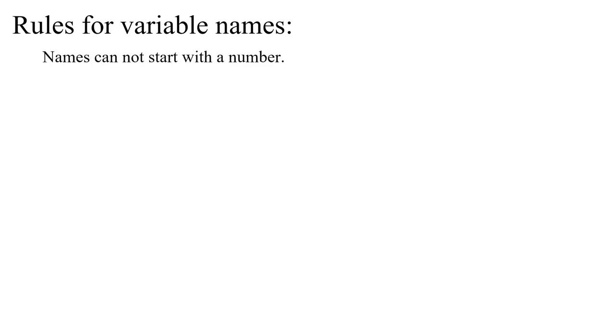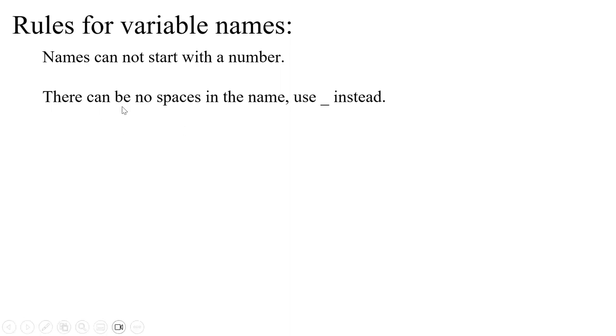What are those rules? Names cannot start with a number. The variable name should not start with a number. That is an important point. And there can be no spaces in the name. Suppose I define new greeting with a space, we should not define that variable name. If you need a space, then you can use an underscore.